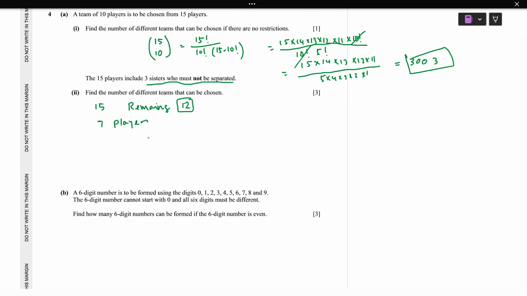That's it. So here 12 choose 7, which is the same formula: 12 factorial by 7 factorial into (12 minus 7) factorial, which is the same expansion. We'll get the answer as 792. So that is the answer here.